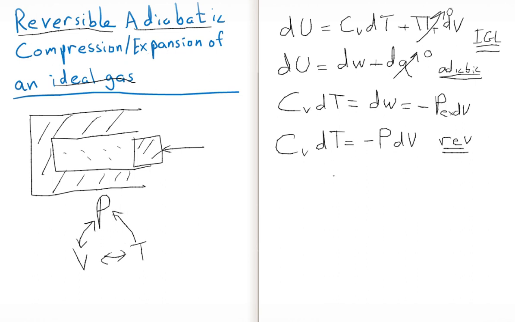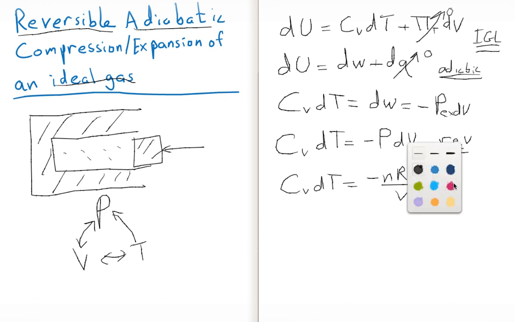Okay? All right. So now what we can do is say, all right, I've got pressure, volume, and temperature. I've got three variables. I can't do an integral unless I have just one variable on each side. So let's go ahead and make one more substitution, and that's that we could substitute pressure with nRT over V. And we can say that we can do this because it's an ideal gas.